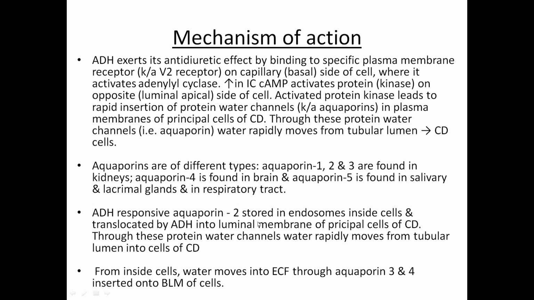So this one was in the luminal membrane, or the apical one, and this is now in the basolateral membrane. So broadly, this is what is happening, and this is your mechanism, that what gets activated and which protein and how this process occurs.